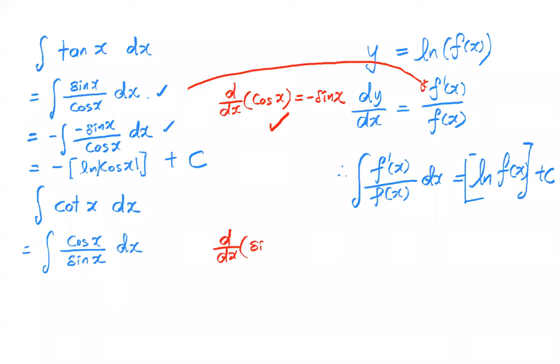I got cos x. Correct? So therefore, this one, straight away I can get the answer. This is ln |sin x| plus c.